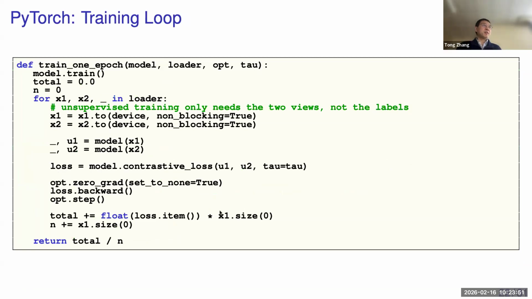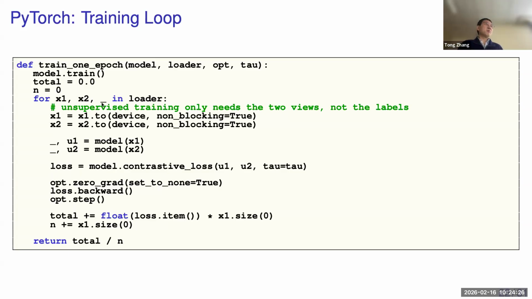The training loop: basically you train. In the loader, it has already generated the perturbations. I didn't show the loader, but if you know PyTorch, there is the transformation, and the loader already gives you the two transformations.